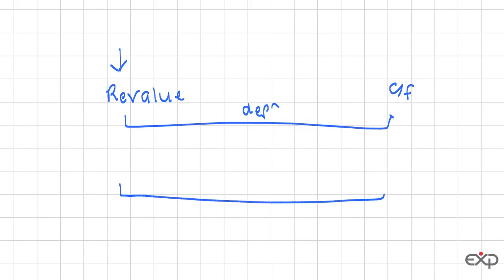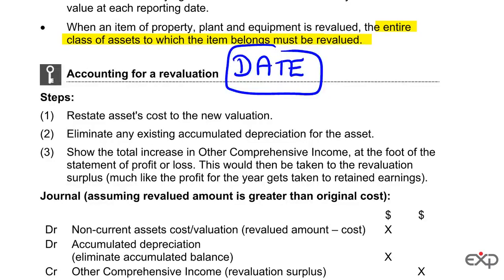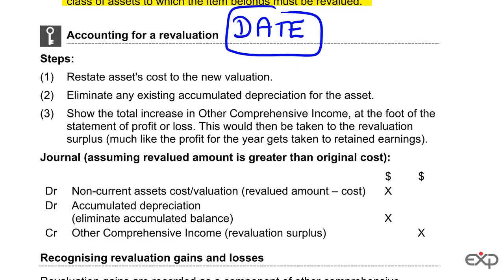If, on the other hand, you revalue at the end of the year, it means that you take the original carrying amount and depreciate that before you revalue. And the amount that goes to the revaluation reserve would be different depending on when the date occurs. Now I'm going to be pointing this out to you as we go through some illustrations.